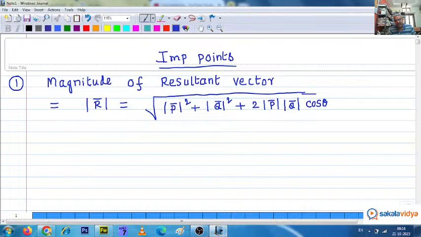So let's discuss what P, Q and theta are, to have clear clarity.